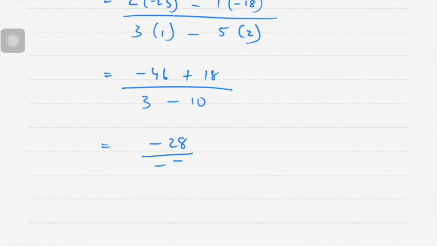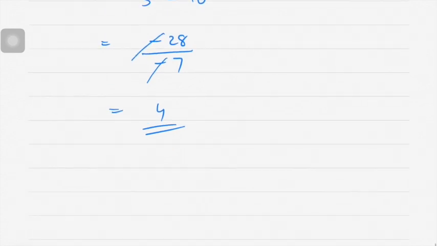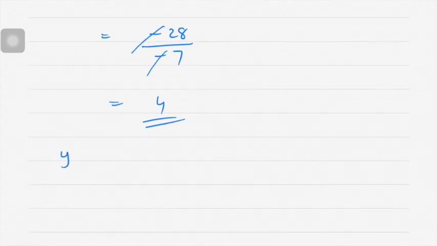So minus 46 plus 18 is minus 28, and 3 minus 10 is minus 7. Minus minus you can cancel. So x is equal to 4. Similarly, find the value of y.